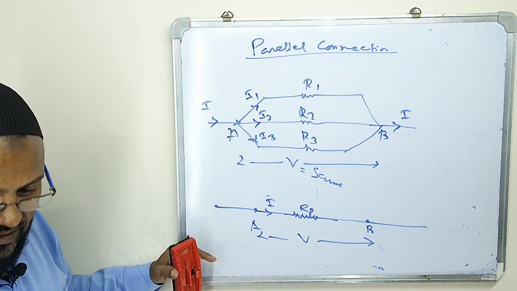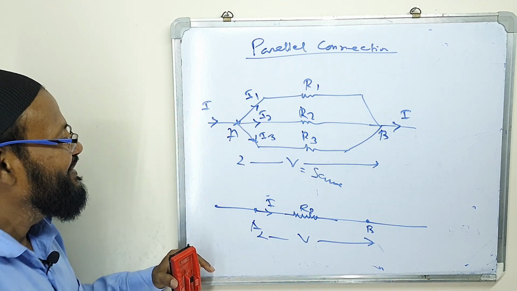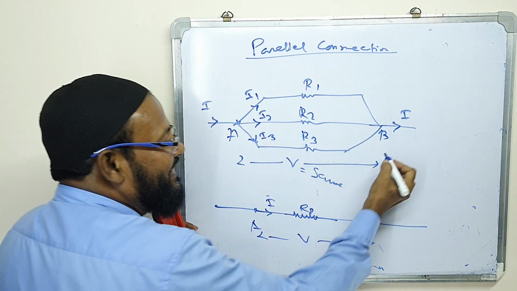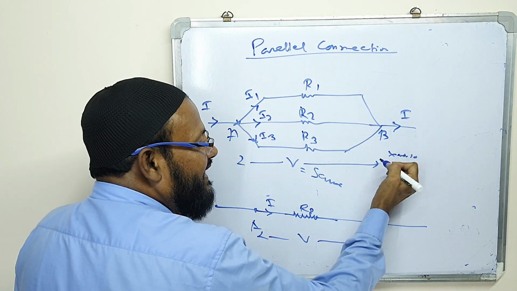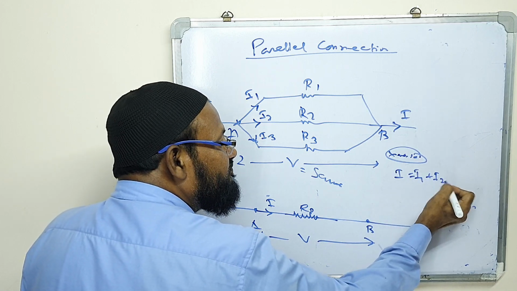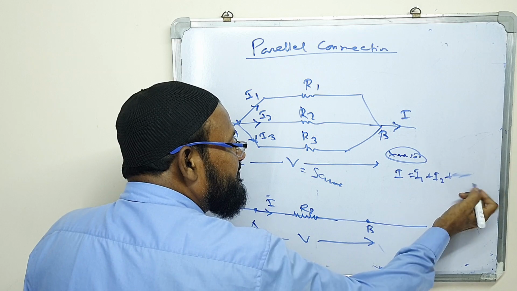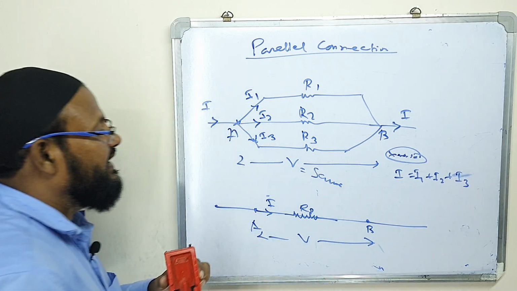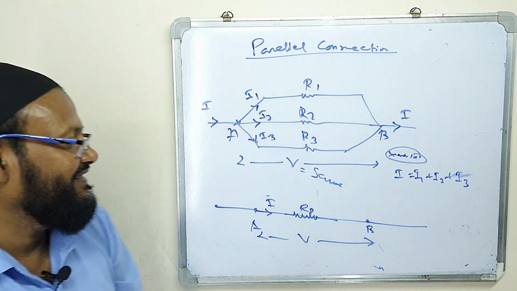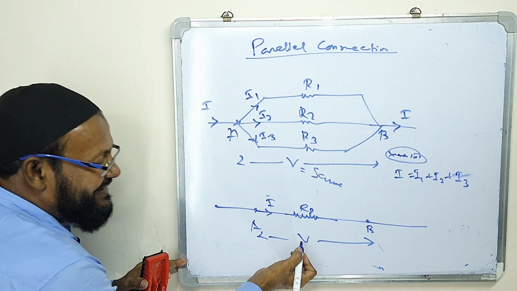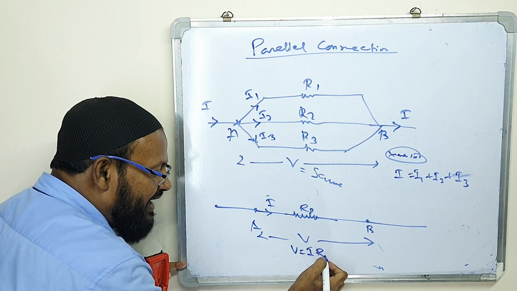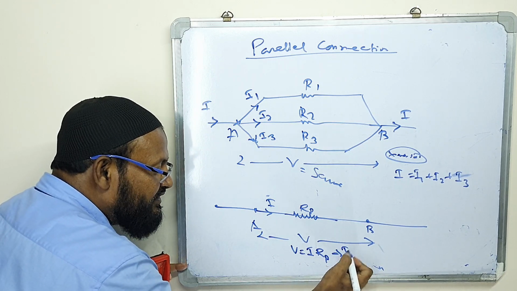Okay? Now, what is the formula? First, here V is the same, and I is divided. What is the formula? In case of parallel connection, I is divided. From here, sir, V equals IRp. From here, what is I?